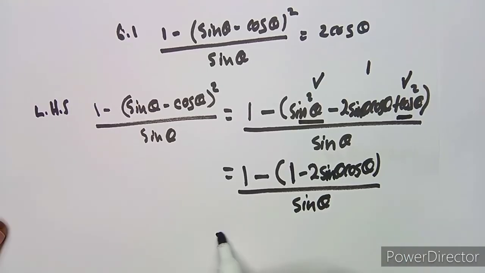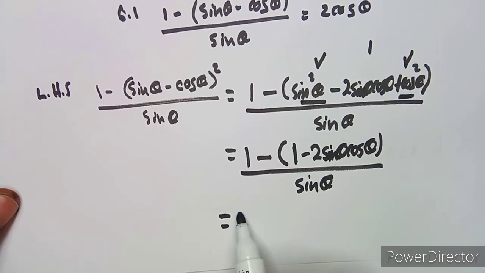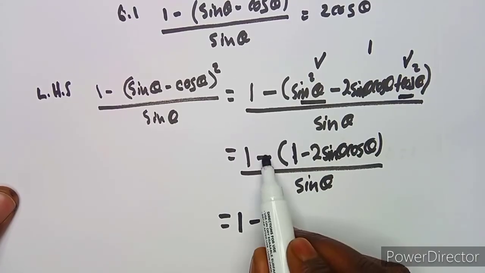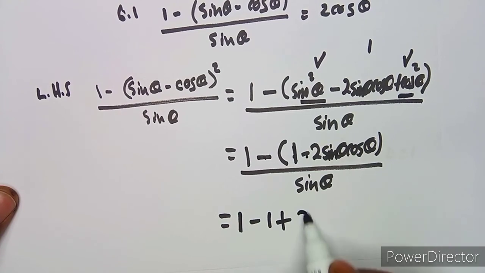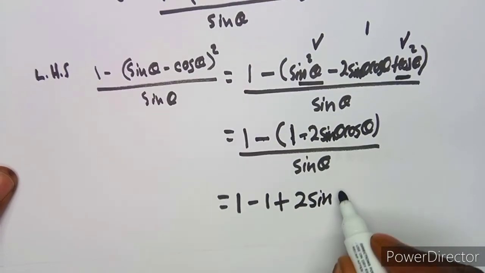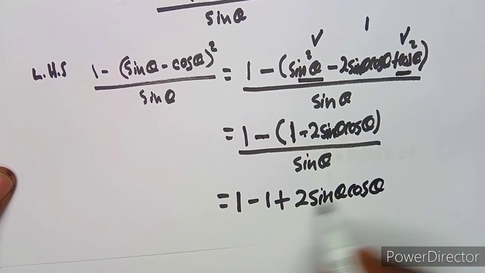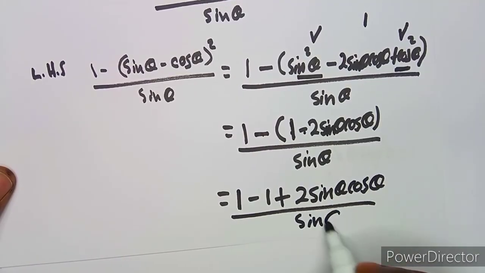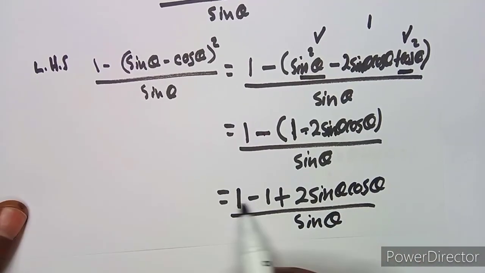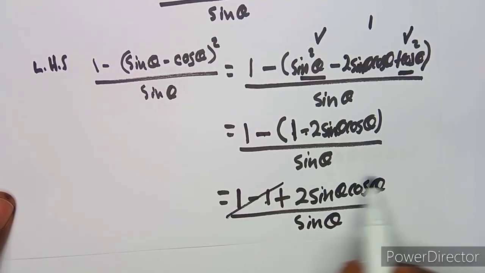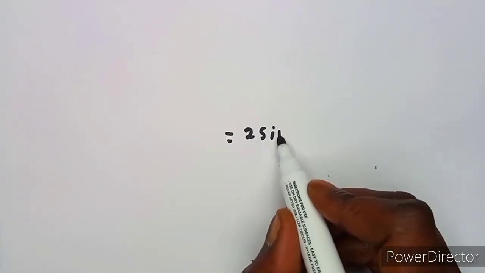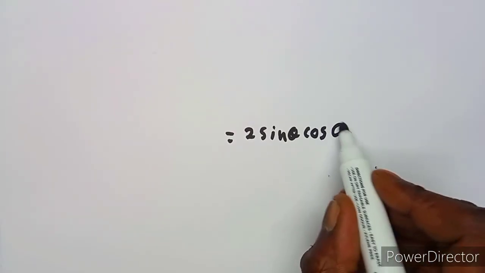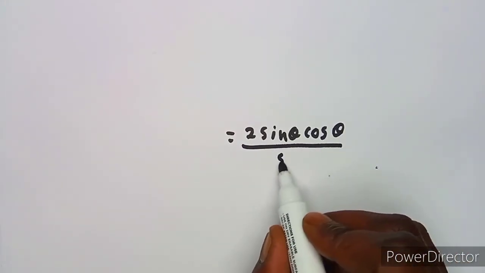All right, let's expand our brackets. Minus times 1 is minus 1, and minus times minus is a plus. So you've got plus 2 sine theta cos theta over sine theta. So 1 minus 1 is going to cancel, and this is what you're going to be left with: 2 sine theta cos theta over sine theta.